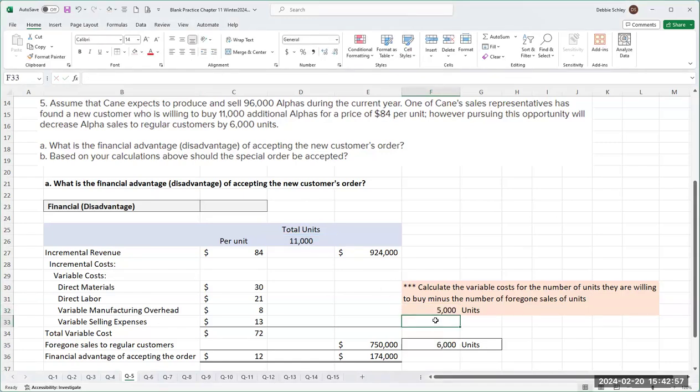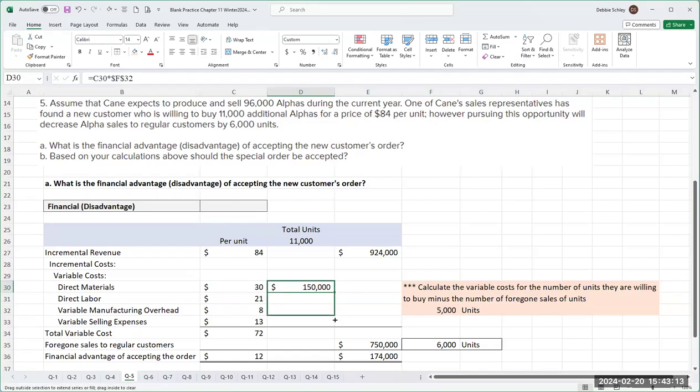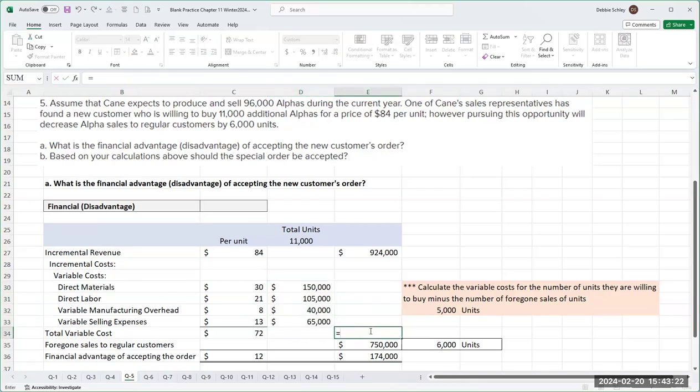So there's 5,000 units that I need to account for the cost of. So equals direct materials times the 5,000. And we'll do all the way down to there. Okay, so I'm going to add those up. And that gets my cost.